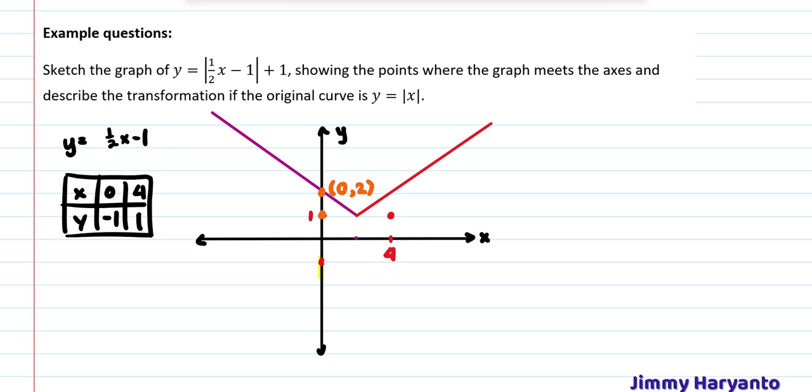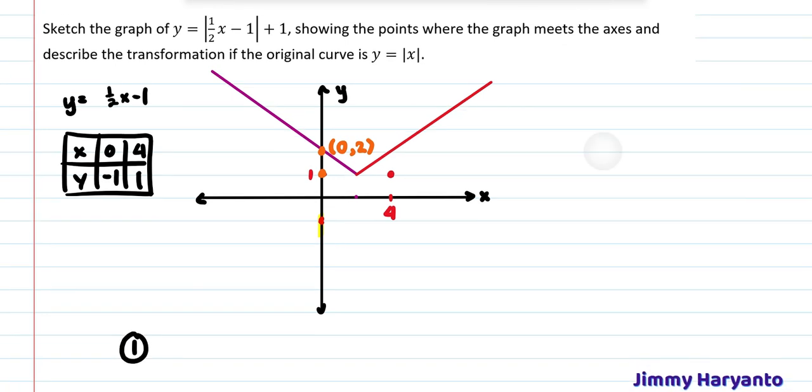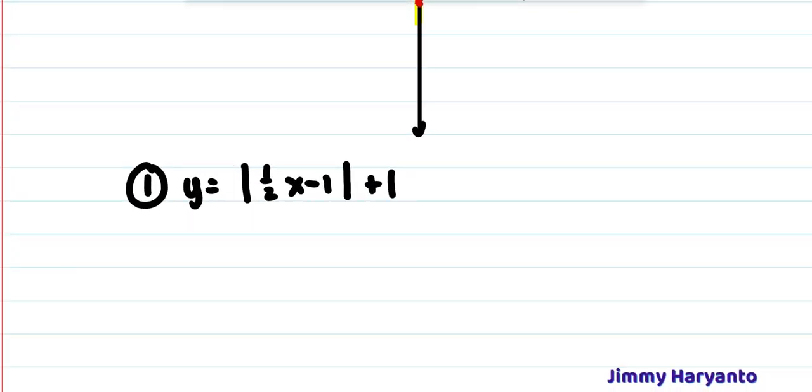And then describe the transformation if the original curve is y equals to. Okay, so let's describe the transformation. To describe the transformation better, if you have a coefficient of x like this, you have to factorize it first.